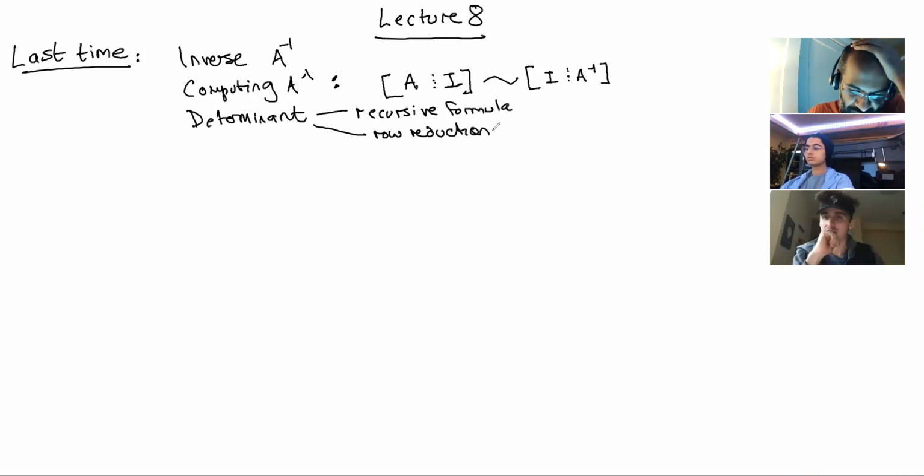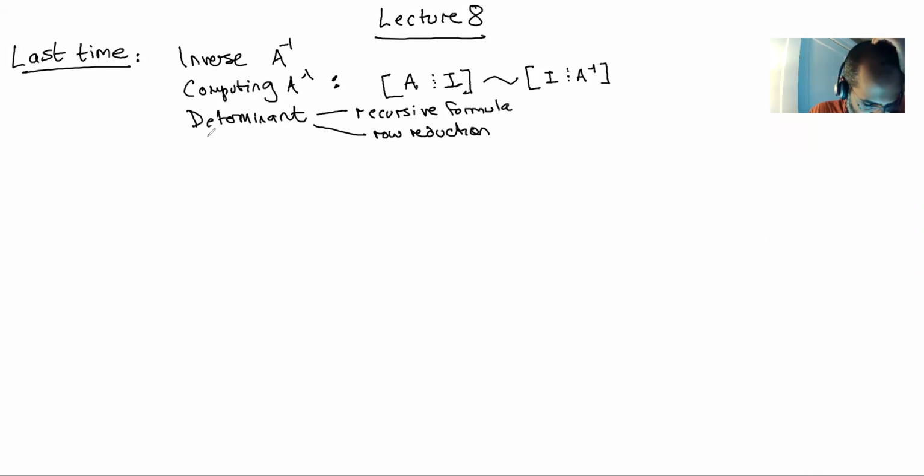And specifically, there were these good properties of the determinant. Namely, it changed in a very predictable way under row reduction. So to compute the determinant of A under row reduction, you just start with the matrix A. Again, it has to be square. And you do row operations, but only swapping and adding.